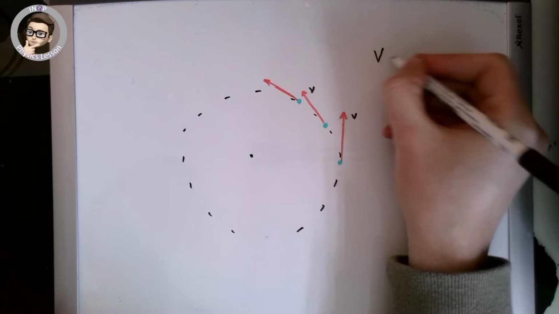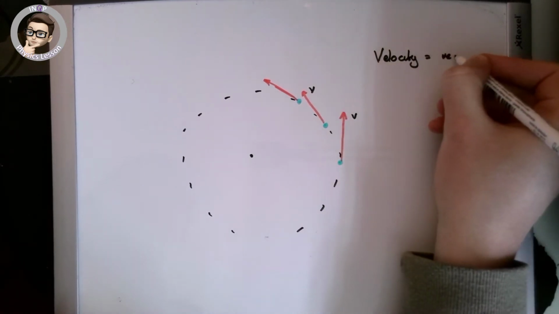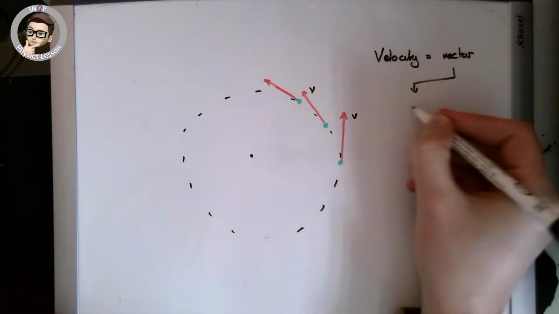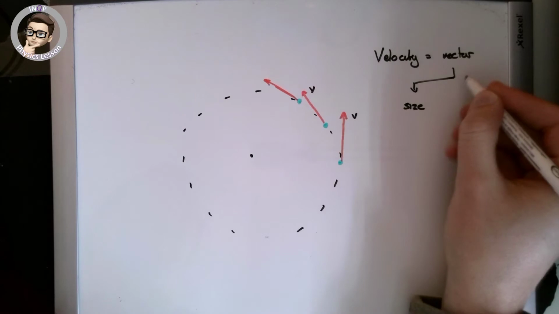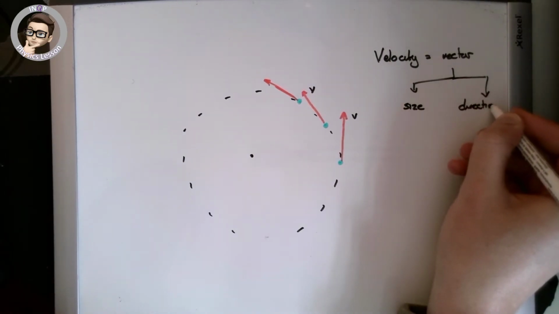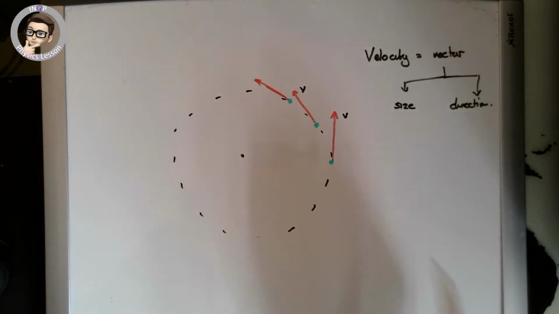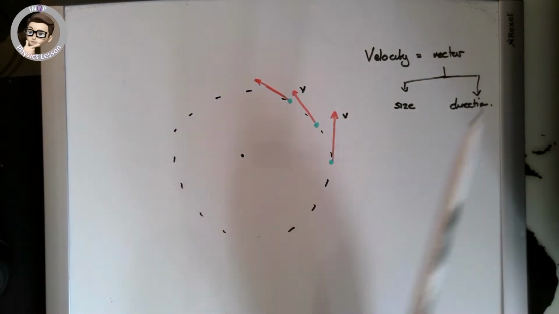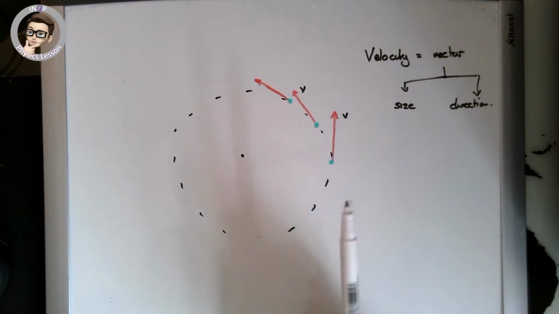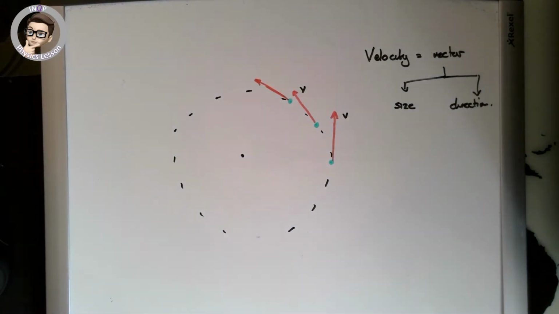So we've got to remember that velocity is a vector, which means it has both size and direction. In fact, better to call it magnitude, but we'll go simple here. Size and direction. And if we're changing direction, then we are changing the velocity, but the speed remains the same. Okay. So why is that important?